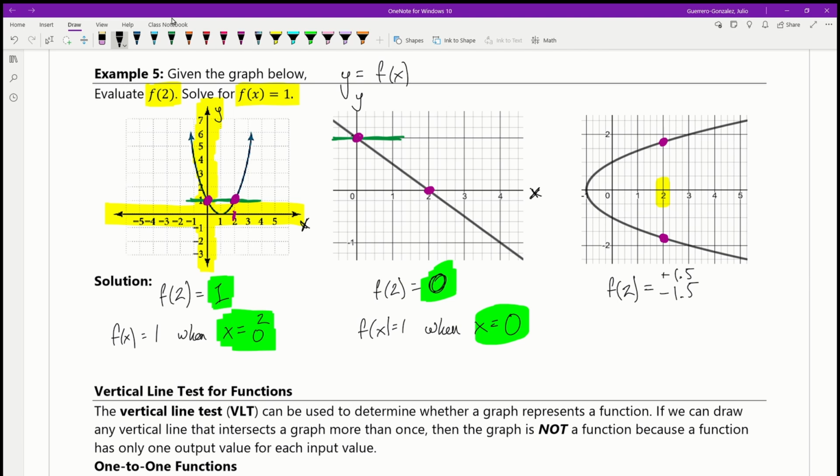Okay. Now let's go ahead and do f of x is equal to 1. So when my output is equal to 1, what is my y value? Or sorry, I did it the other way around. When my output is equal to 1, what should be my input?